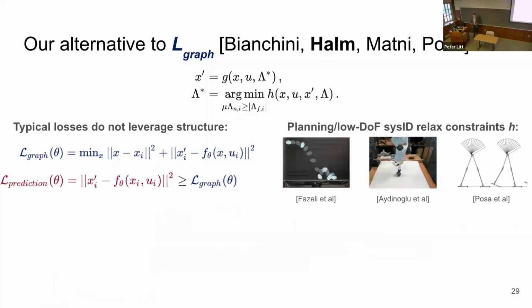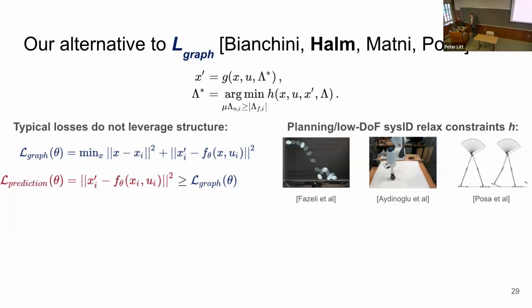So what we've done is we're going to propose an alternative metric, different from graph distance, different from prediction error, that is going to be inspired from some various works in system ID, planning, and control in the robotics literature. All these works have a common theme of constraint violation. So embedded in our simulation is minimizing some function h. Getting it to its absolute minimum corresponds to exactly meeting the physical constraints of friction and complementarity.